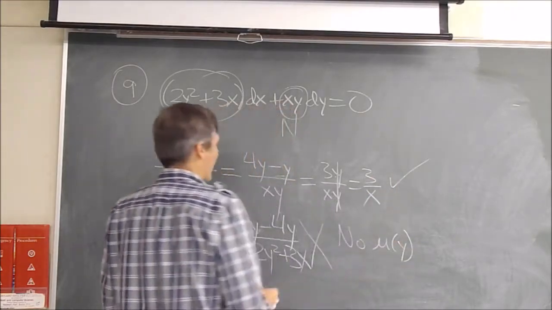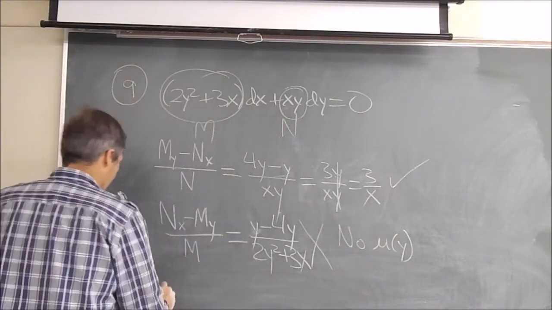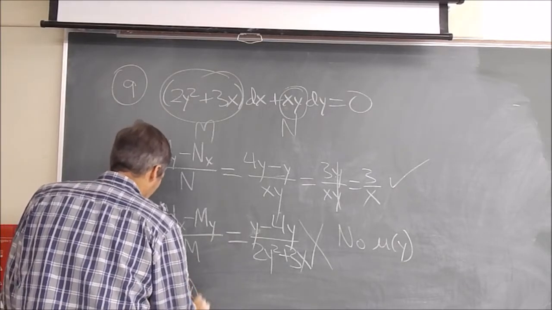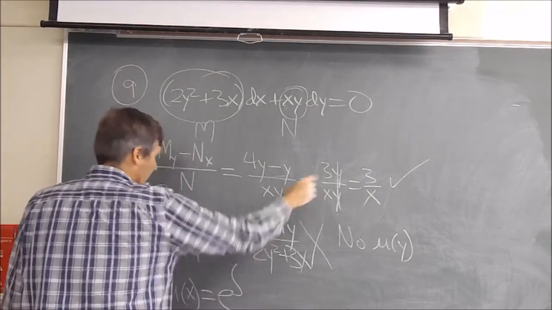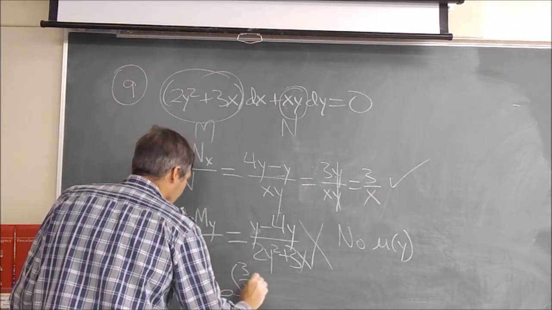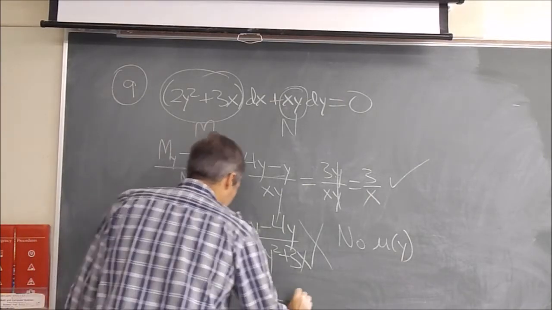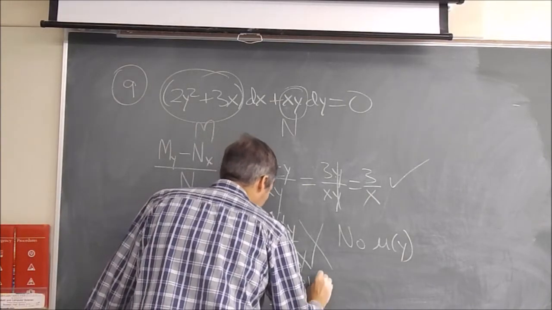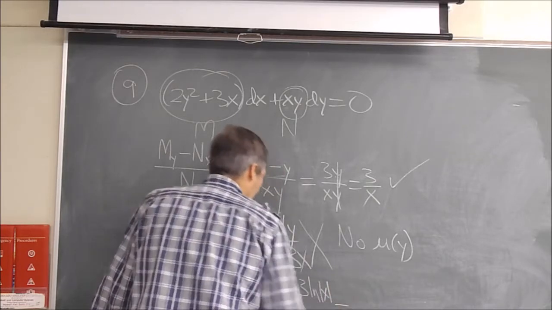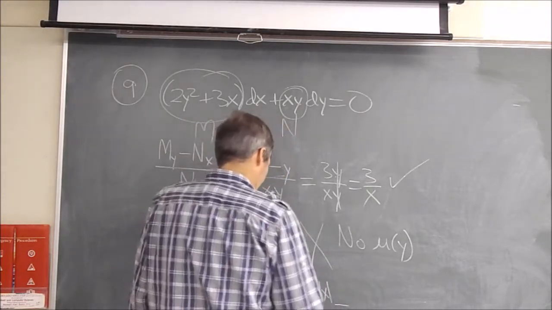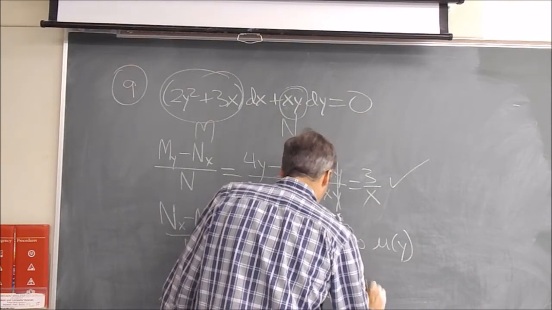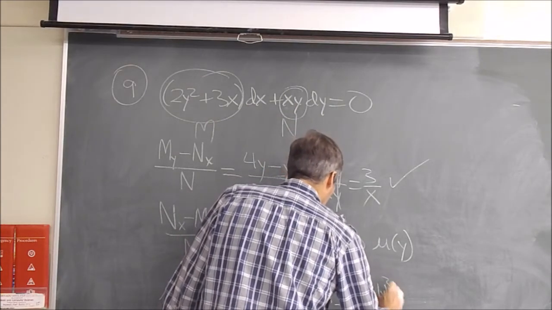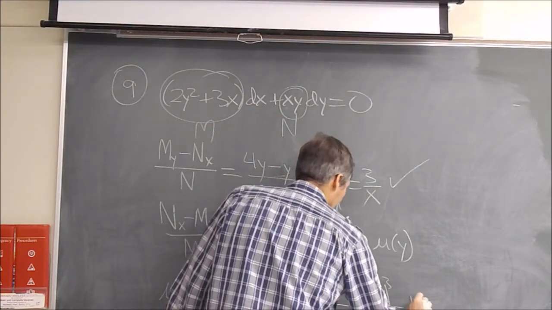There is an integrating factor that's a function of x only, and it is u of x equals e to the integral of whatever you got here, 3 over x. Well, this is e to the 3 natural log x, which is e to the ln of x to the third, is x to the third.